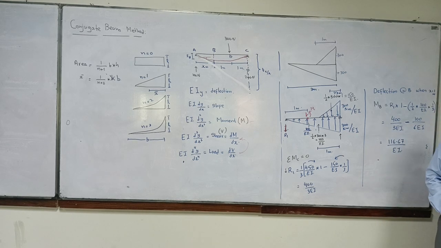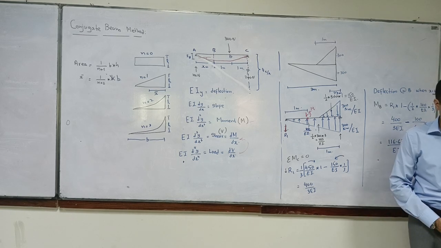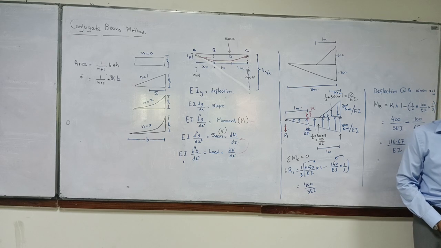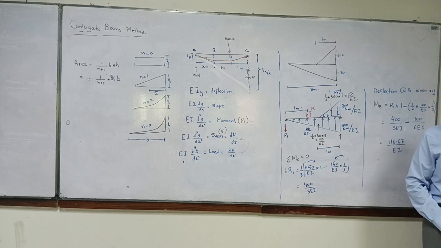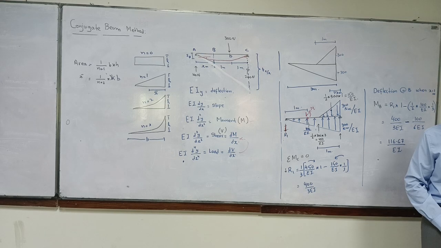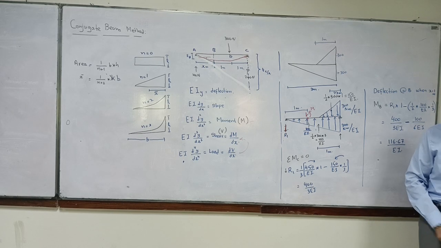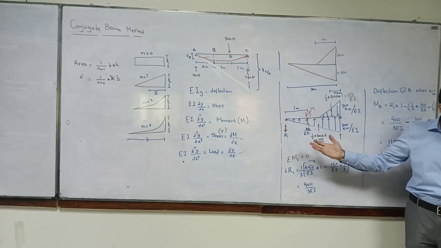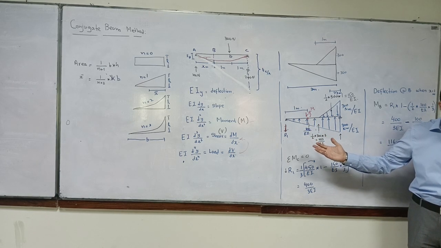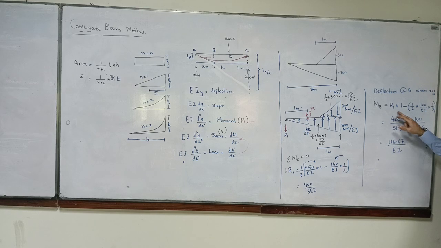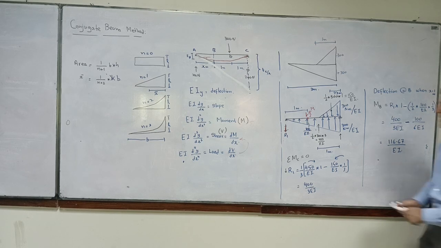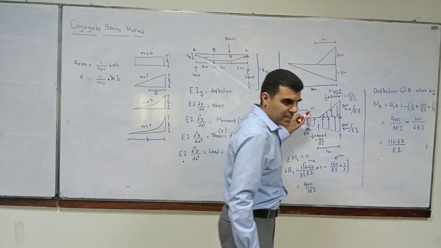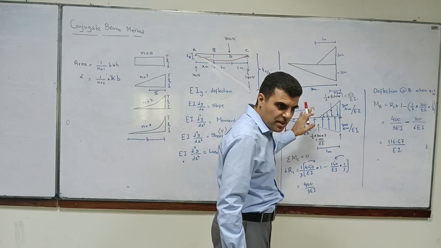Okay, so negative R1, however you want to take it. Sir, you wrote the equation and there should be a negative sign with R1 there. The equation was correct, the moment goes from negative here to positive there. Okay, but however you want to take it, it doesn't matter. Okay, sign convention doesn't matter.